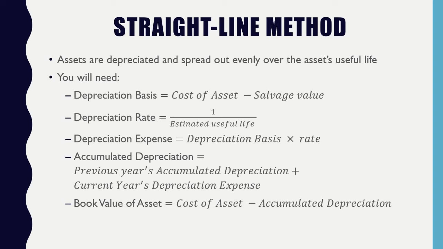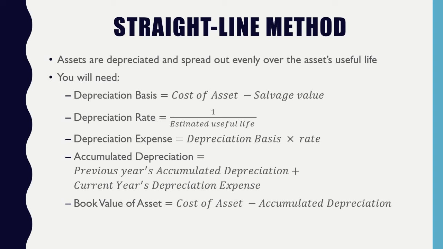Okay? And then this one, the depreciation expense is straightforward. It's your depreciation basis times rate. Basis times rate. So we see this common formula that's the same between the two methods that we looked at. It is exactly identical to double declining. You always take the basis times the rate, and you will get your depreciation expense.